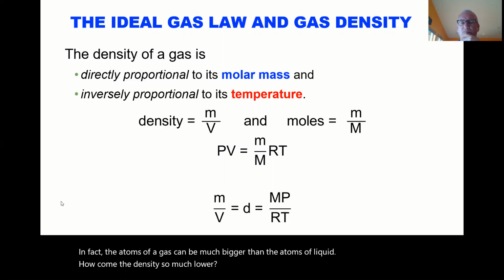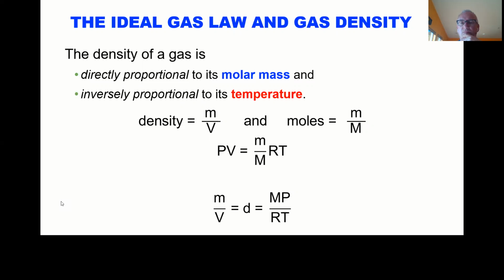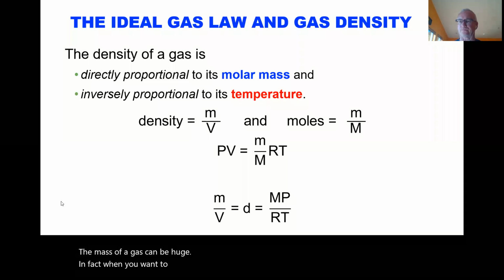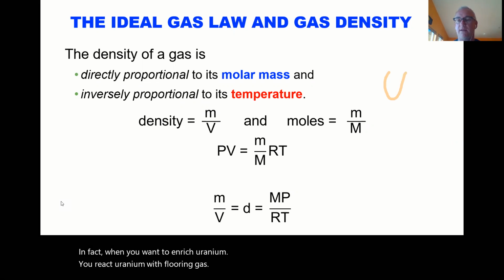Because the mass is not big. No, the mass of a gas can be huge. In fact, when you want to enrich uranium, you react uranium with fluorine gas, and you make uranium hexafluoride. So that is big.